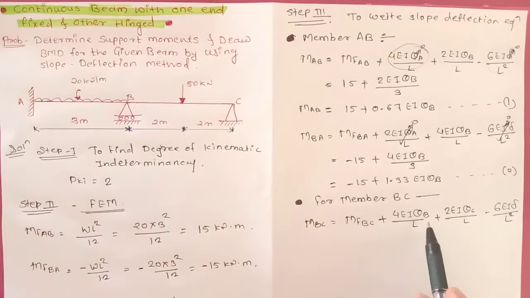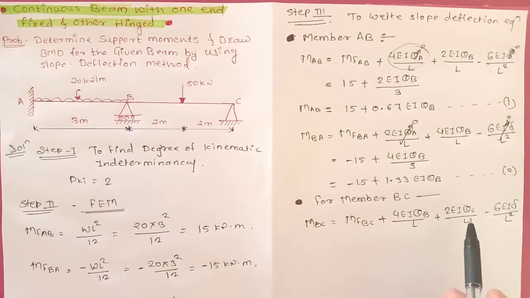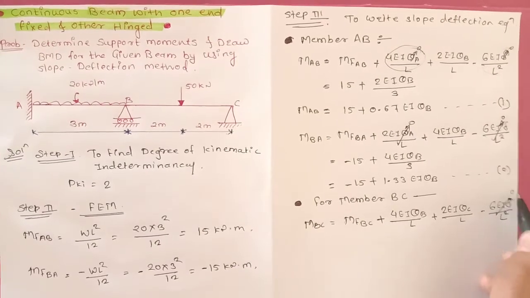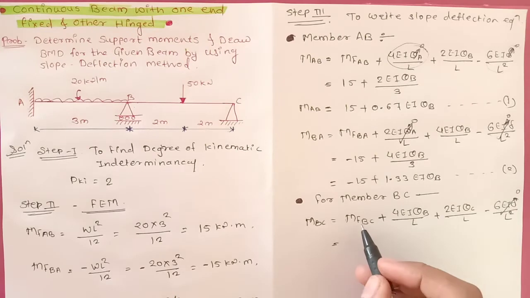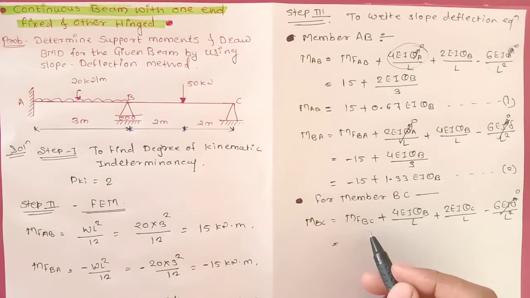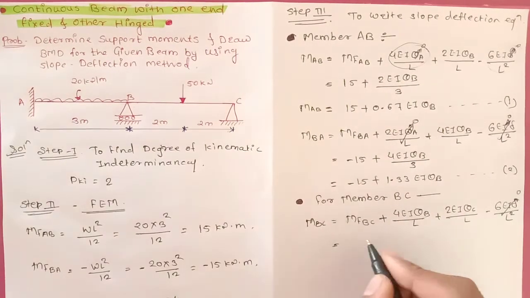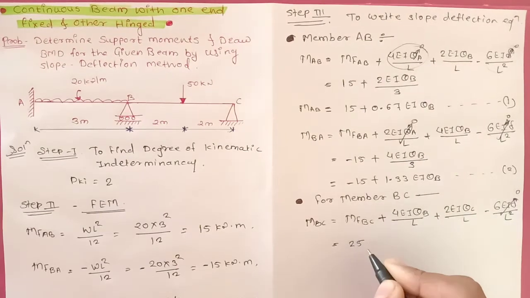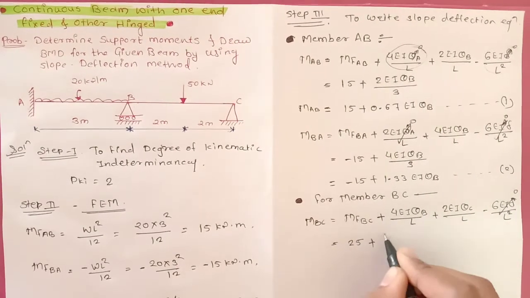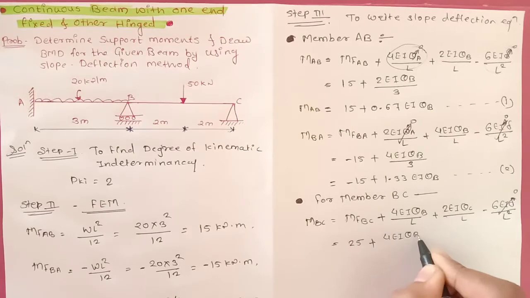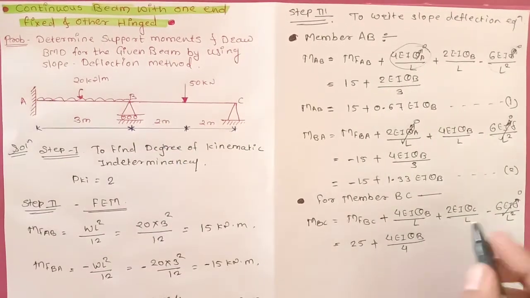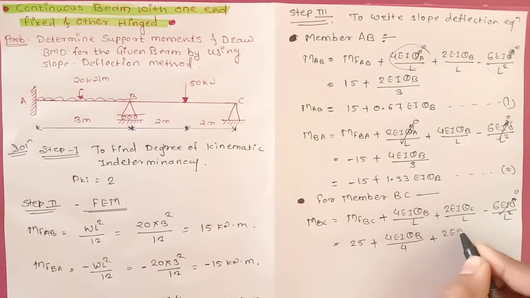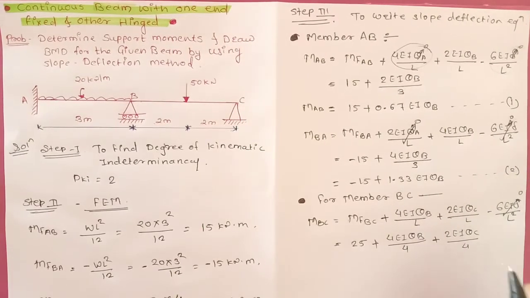So here the theta B and theta C values are not given, so only the delta term is equal to 0. We know that the value of fixed moment for member BC is 25, plus 4EI theta B divided by L, which is 4 meter, plus 2EI theta C divided by L, which is 4 meter.